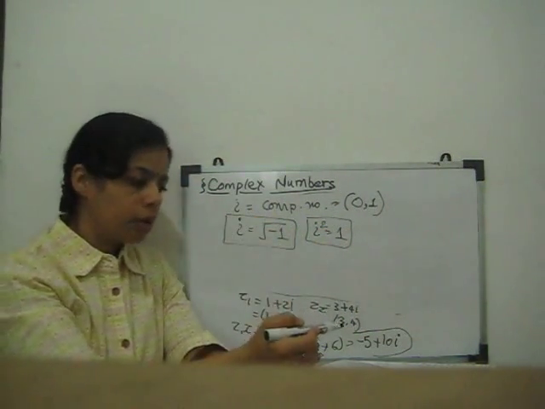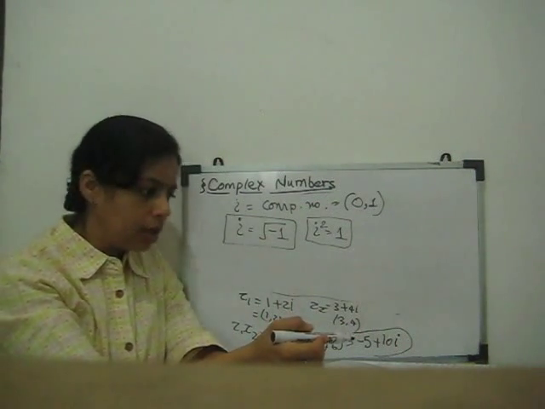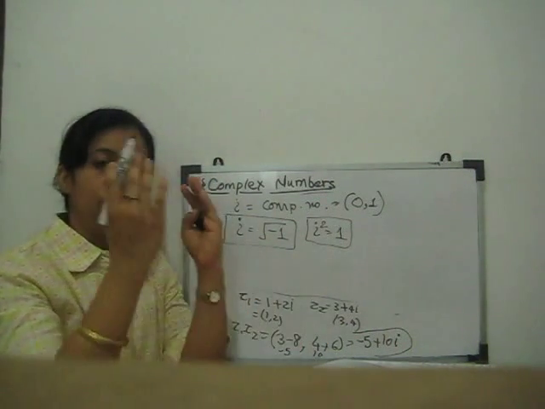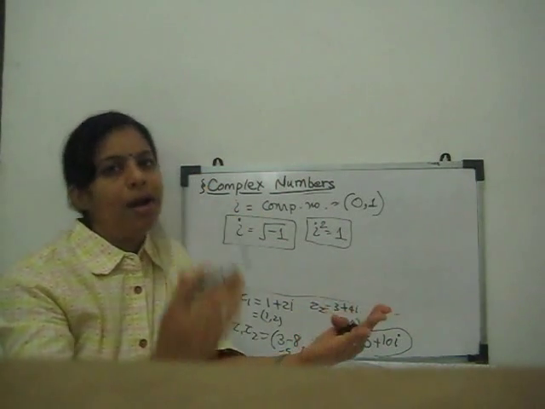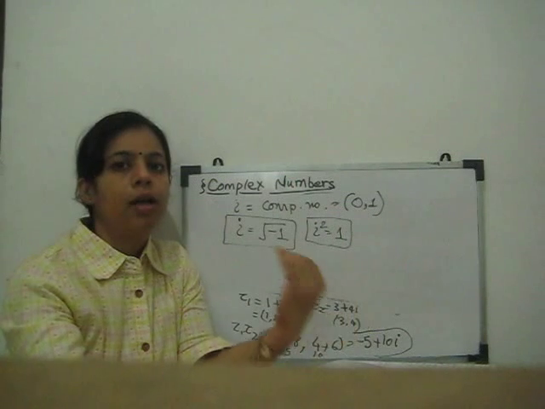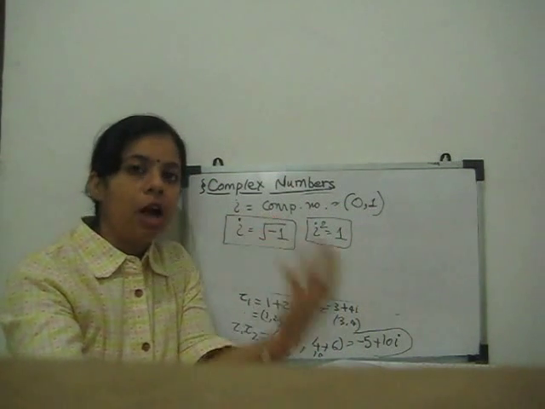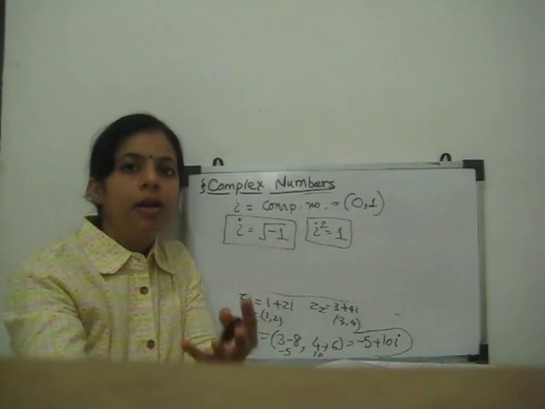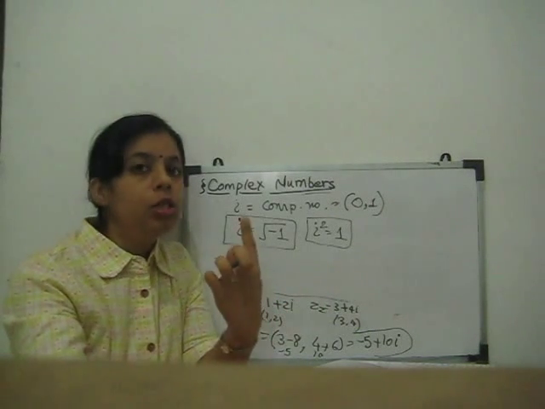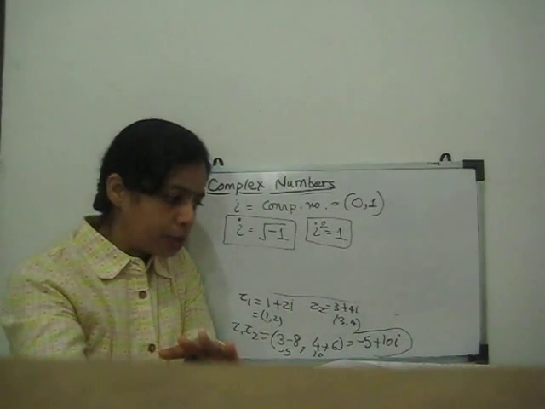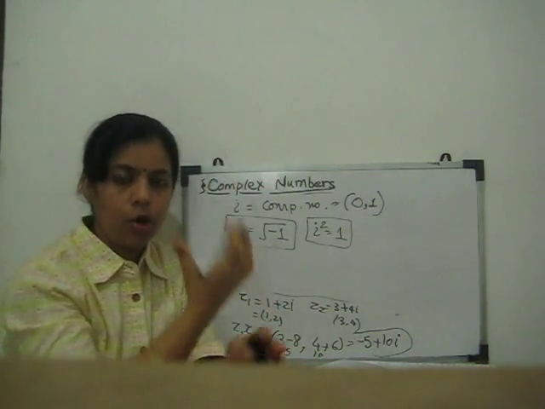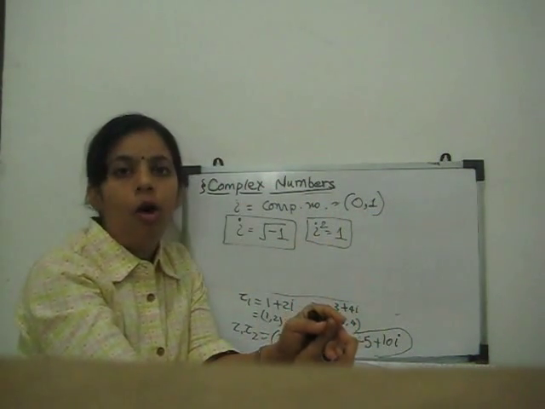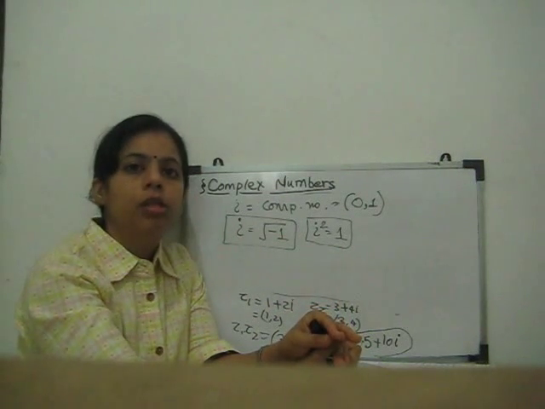This is another important value, and we know every complex number has two parts. One is the real part, another one is the imaginary part. The real part is without iota, and the part with iota is the imaginary part. Next, if we talk about the laws of algebra of real numbers, which laws?